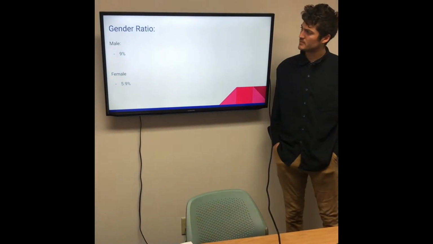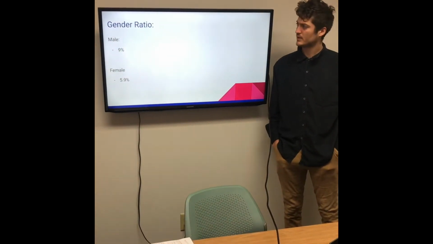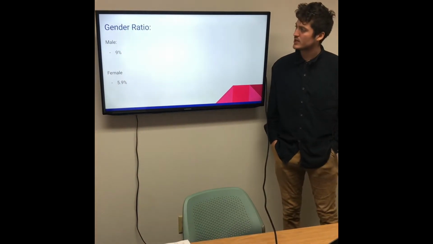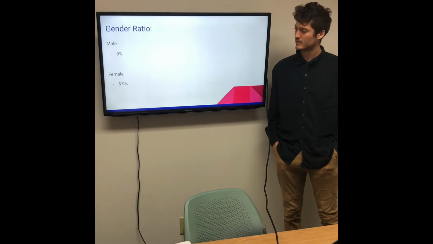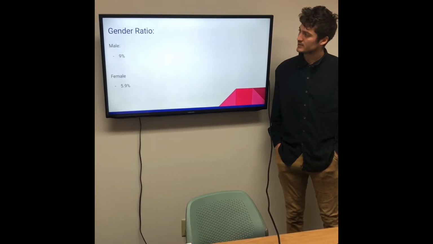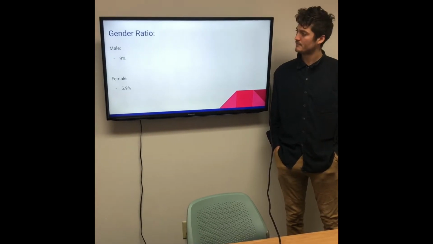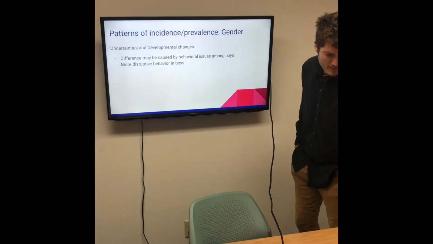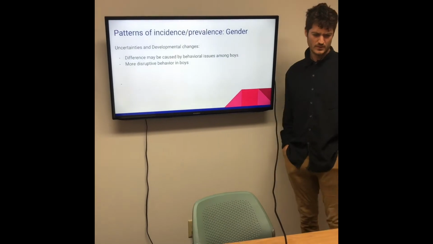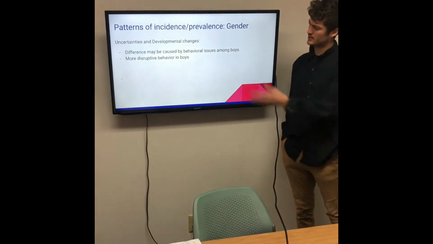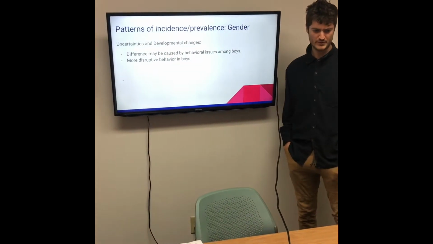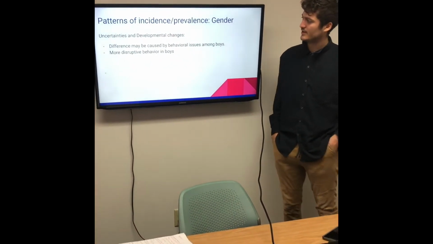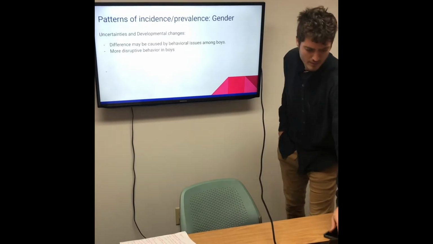For instance, males possibly just have more behavioral issues in general, which can sometimes make it more likely that they'll be diagnosed with a learning disability. This slide basically reiterates what I just said. The difference may be caused by behavioral issues among boys. Boys are often more disruptive.